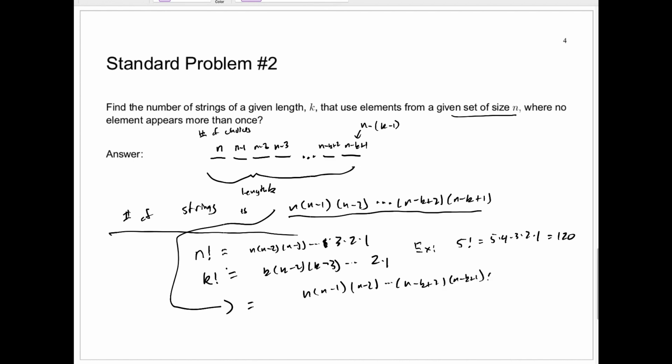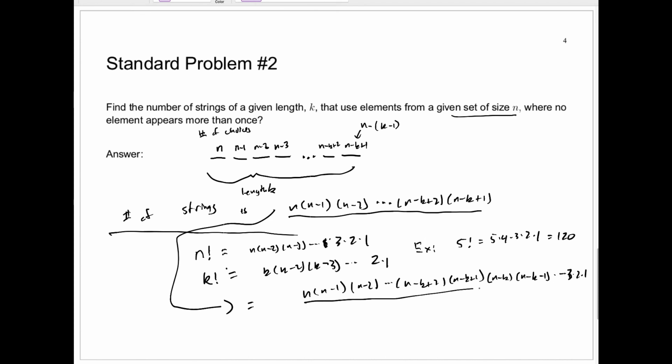And if I kept going to n minus k, n minus k minus 1, and all the way to 3 times 2 times 1, that of course wouldn't be the same as this answer that I want, because I added stuff there.